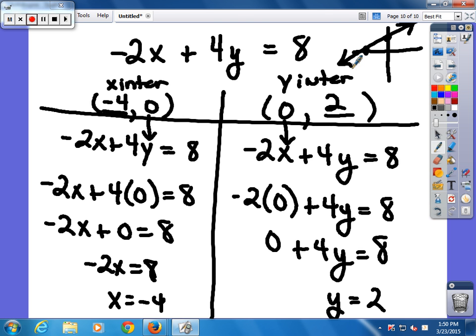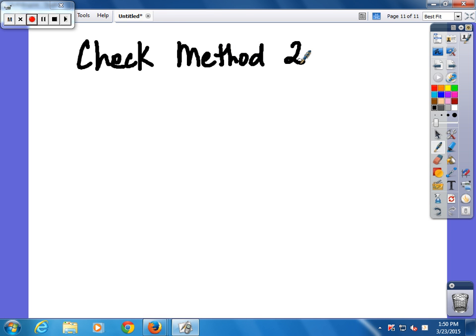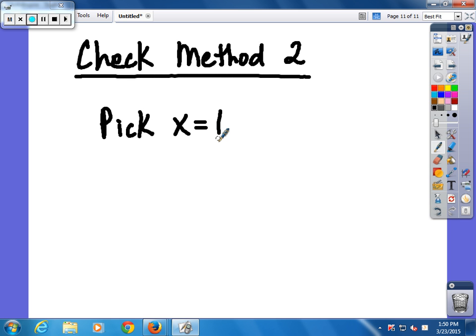Well, the best way to check it is to pick, and I'll show you. To check, and I don't know if I put this on y'all's sheet. To check method 2. Pick x is equal to 1. Why did I say pick x is equal to 1?